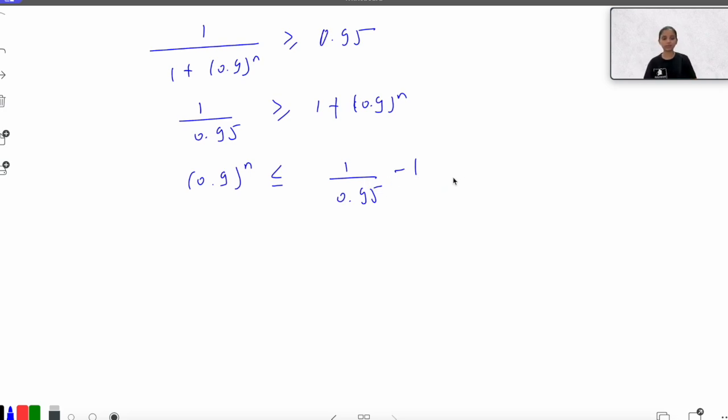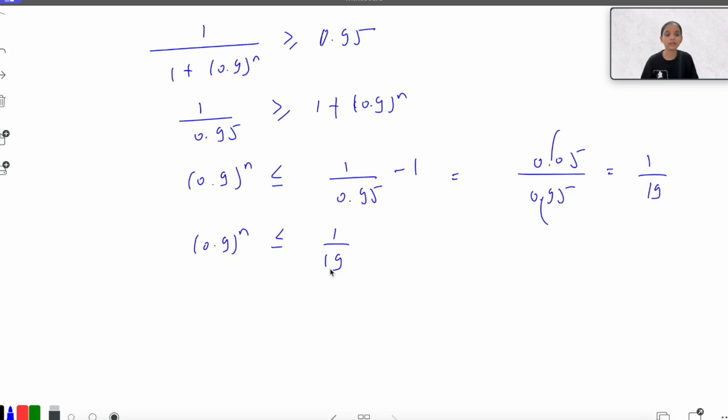This thing is going to be, 1 minus 0.95 is 0.05, and that is 1 upon 19.